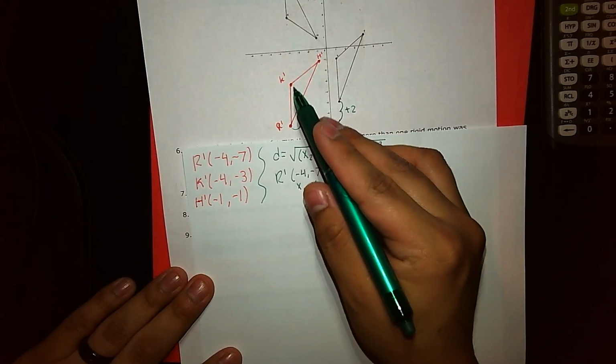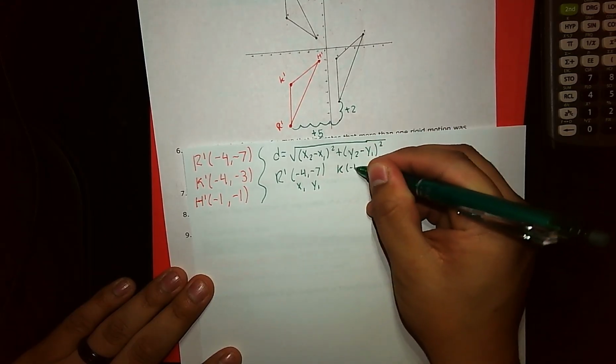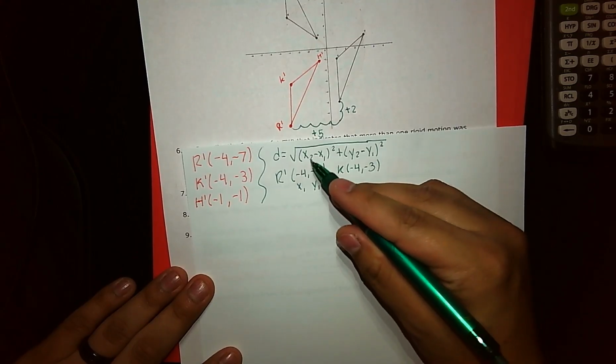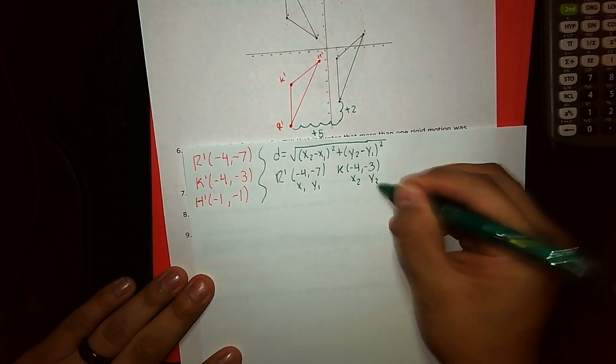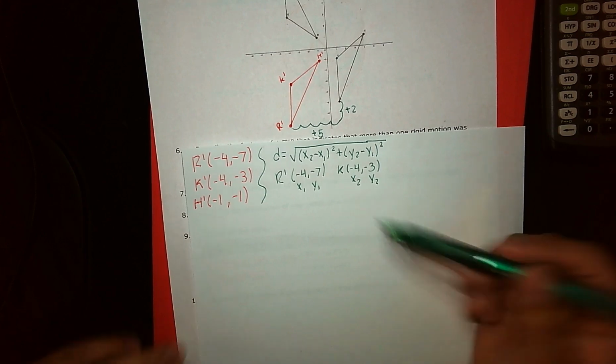Looks like K prime sits at (-4, -3), and that acts as my second set of xy coordinates, x2, y2. And we're just going to plug this into the formula.